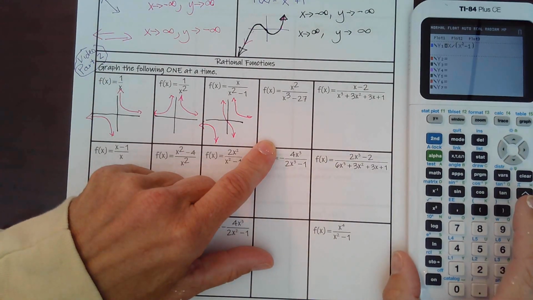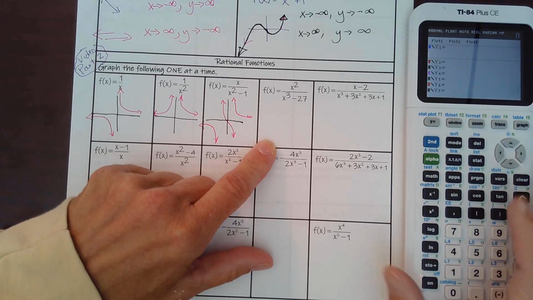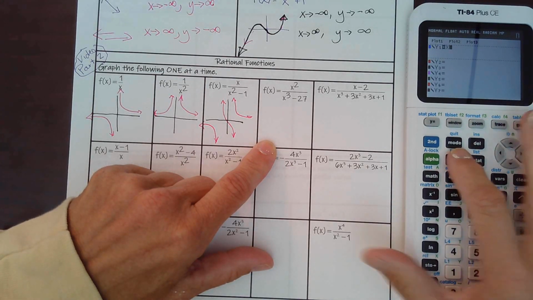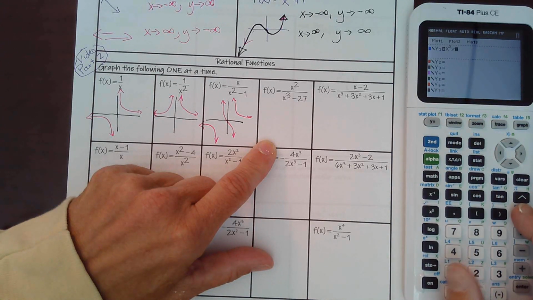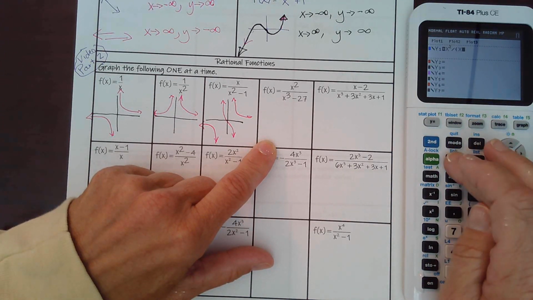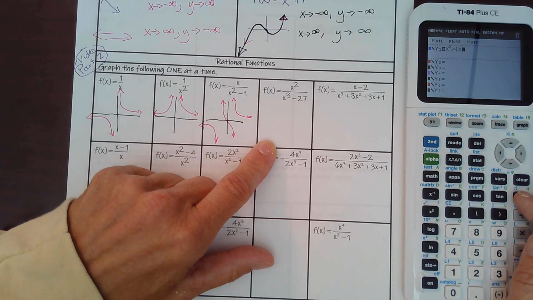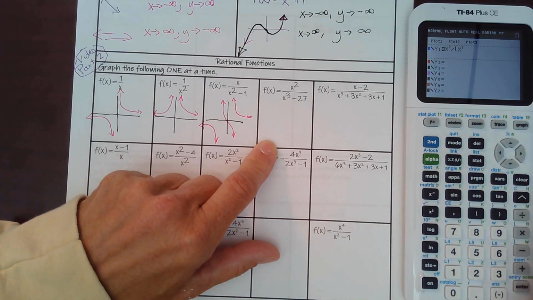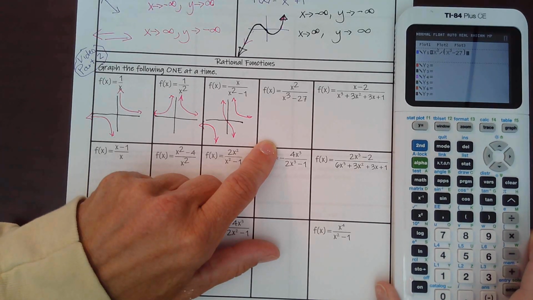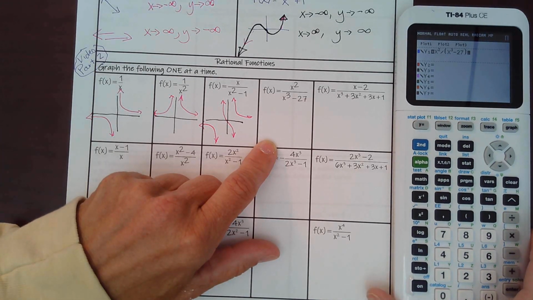And then moving on, let's look at the next one. So y equals, I'll clear, and I need to do x squared, and I will divide by, open parentheses, x cubed. So I have to use my caret key, type in my 3, get out of the exponent, so use your right arrow key, and then minus 27, and then I will close that, and I will graph.